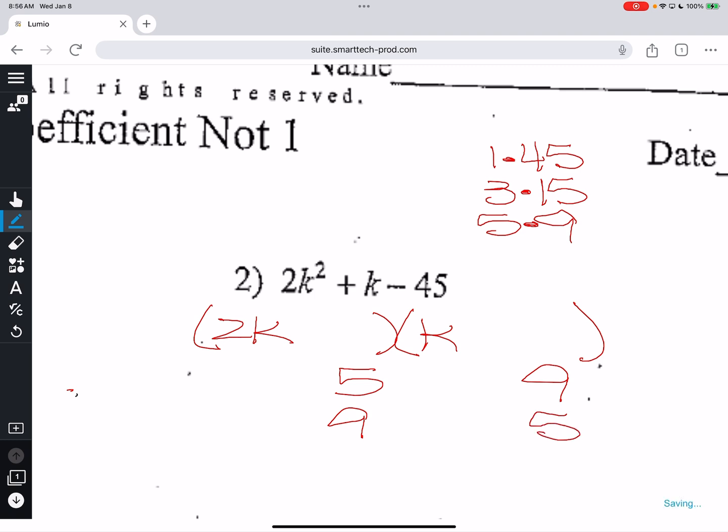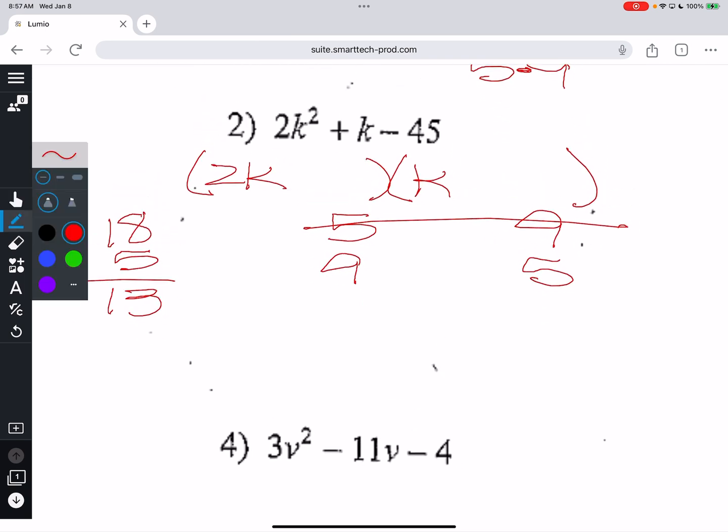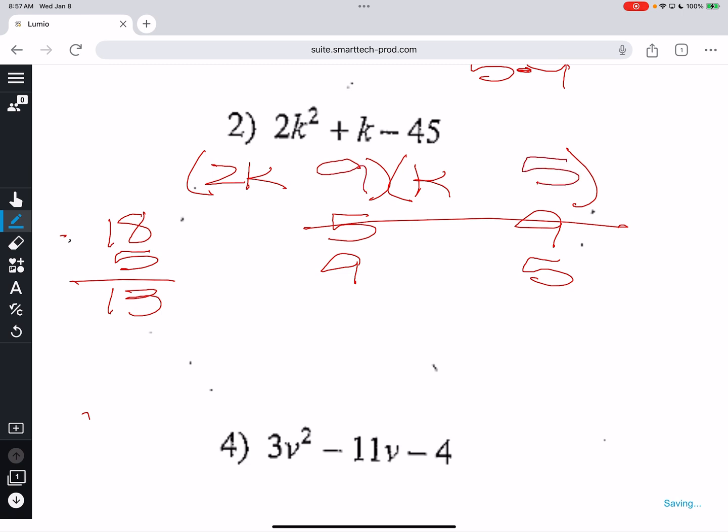So you could have 2 times 9 is 18. 18 minus 5 gives us 13. So it's not that one. Then we look at the other. What is 2 times 5? 10. What is 9 times 1? 9. What's 10 minus 9?